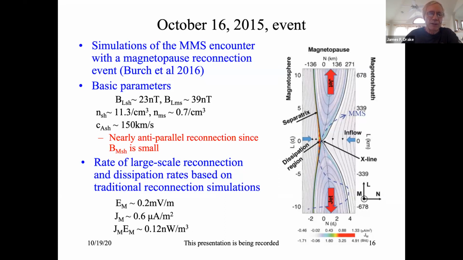Okay, now this is important because I'm going to contrast with what MMS actually sees. So remember, the reconnection electric field should be about 0.2 millivolts per meter, and the dissipation rate around 0.12 nanowatts per meter cubed.